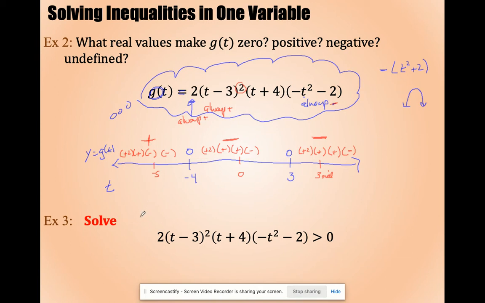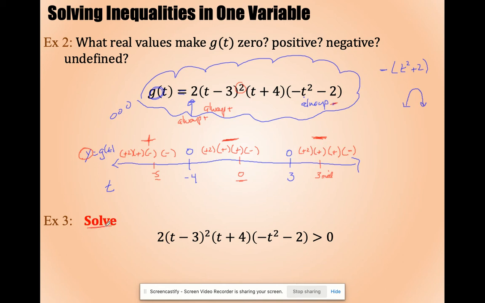So do you see how I now can solve this inequality? Right? So step 1, number line. Step 2, choose a domain value in each section. Step 3, evaluate what the y would be. I chose -5, the y's are positive. I chose 0, the y's are negative. I chose 3 million, the y's are negative.